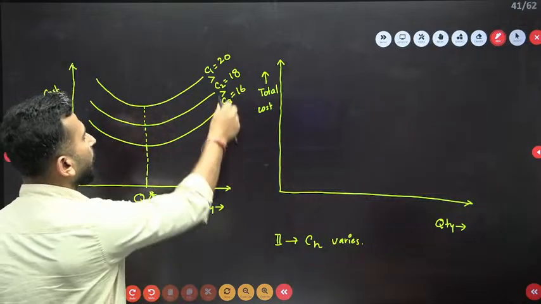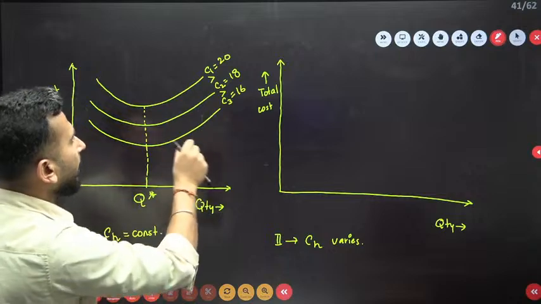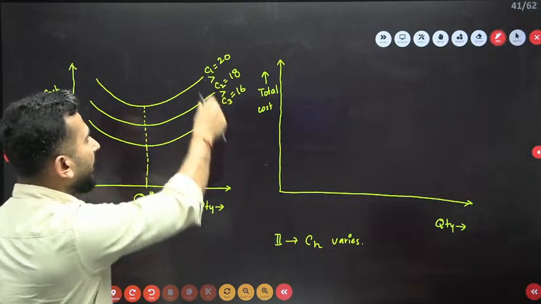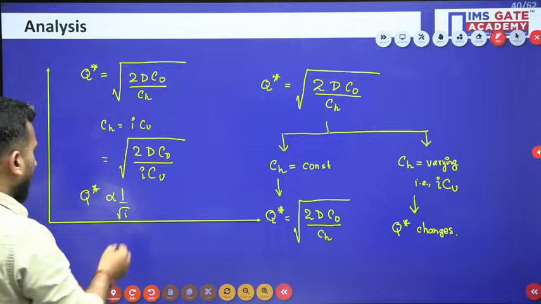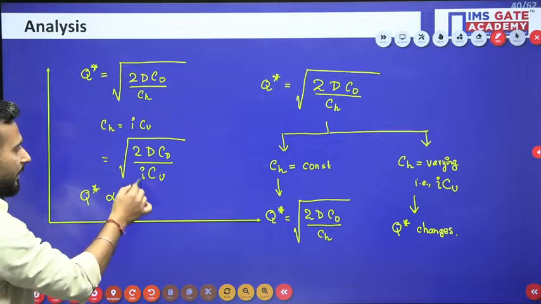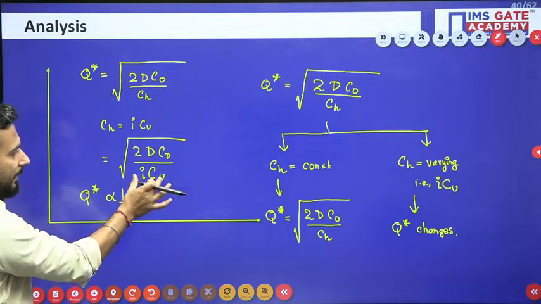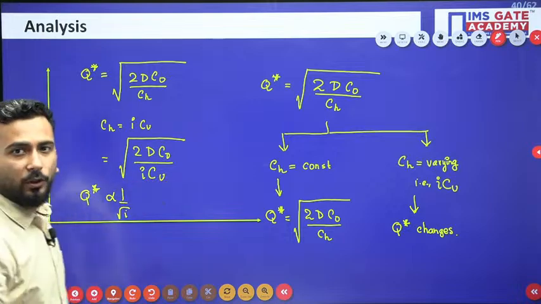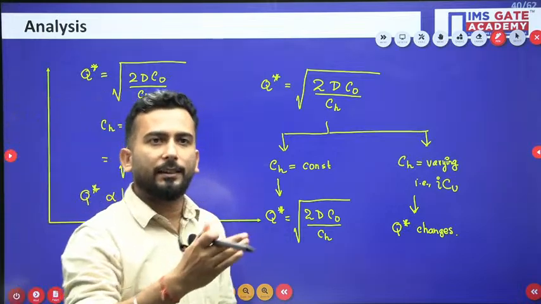So your unit price is getting lower. That means if you substitute over here, something keeps on decreasing. So what will be the effect on Q star? Your Q star will increase.